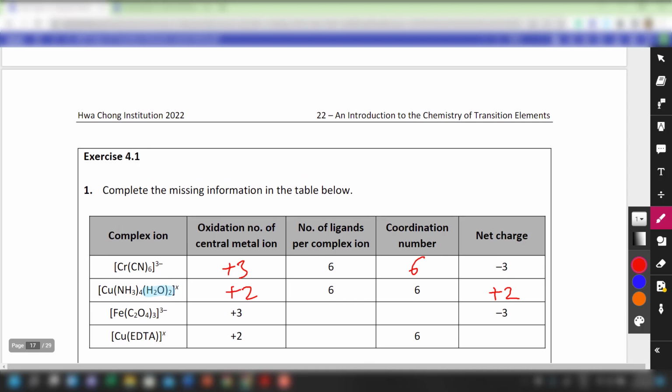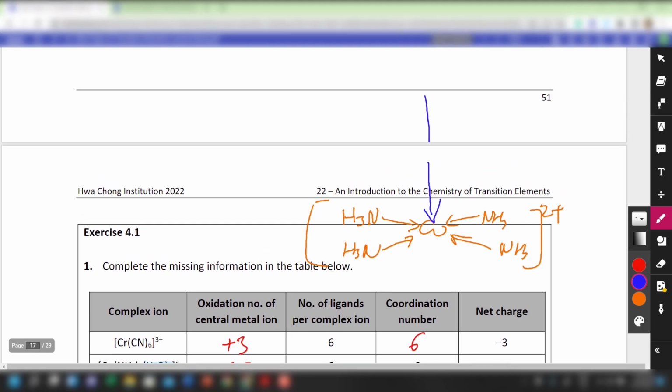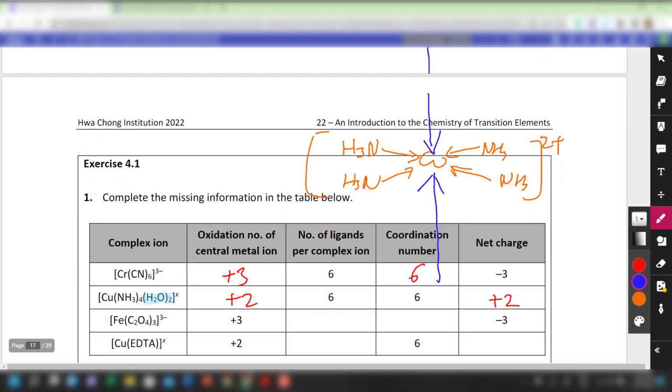So basically this particular complex looks like this: you have the ammonia ligand with a copper, another ammonia ligand over here, another ammonia ligand, and another ammonia ligand. It's a square planar complex with a +2 charge. The water ligand is very weakly bound to the center, so it's very far away. This axial bond is very much elongated, so it's a very long bond.